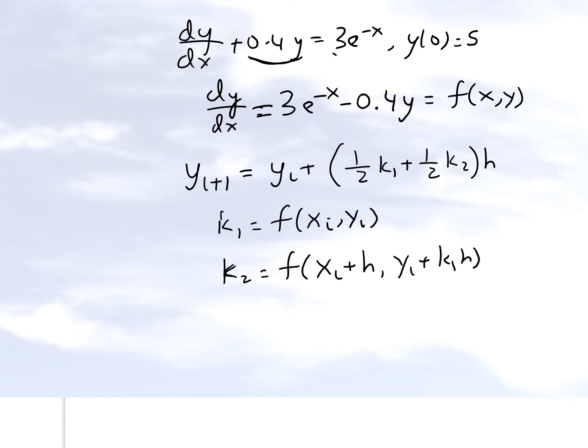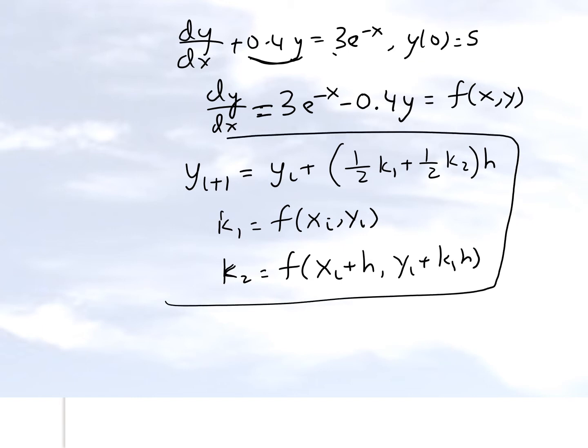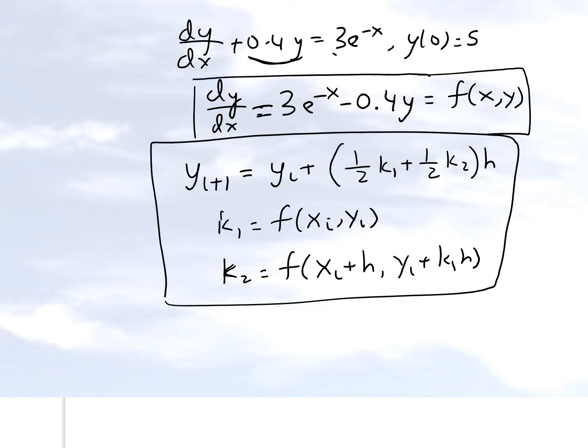So if I use these formulas now on this particular differential equation form, I should be able to find the values of y1 and y2. y1 will give me the value at 1.5, y2 will give me the value at 3.